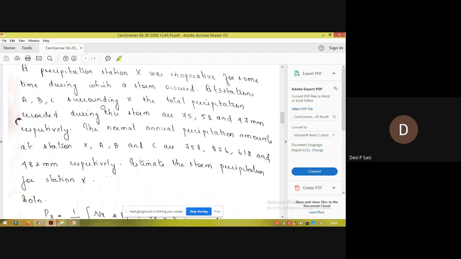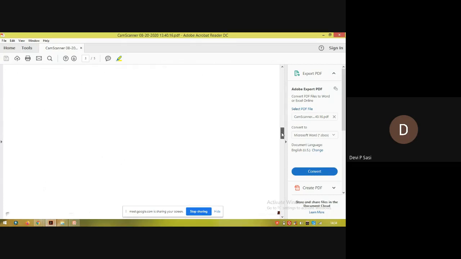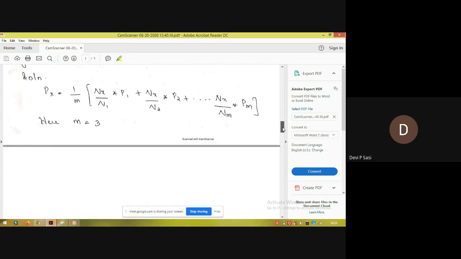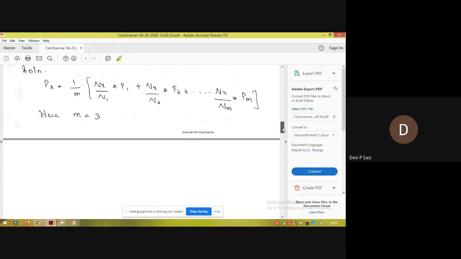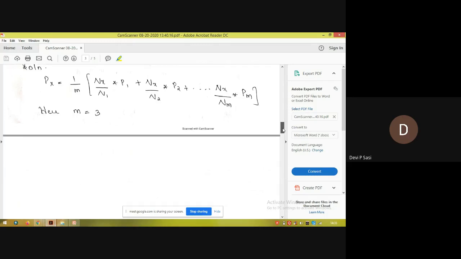You never consider the inoperative station, but you consider the stations A, B and C. So, M is equal to 3. You substitute the values 1 by M into Nx by N1 into P1 plus Nx by N2 into P2 plus Nx by Nm into Pm, where M is equal to 3.